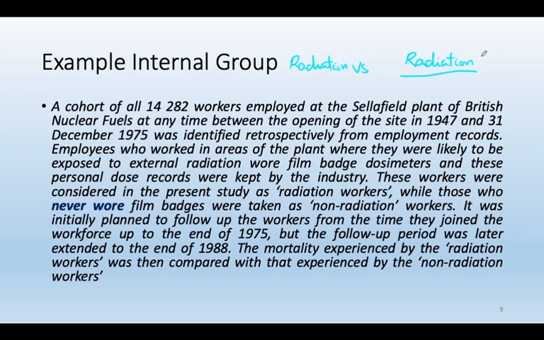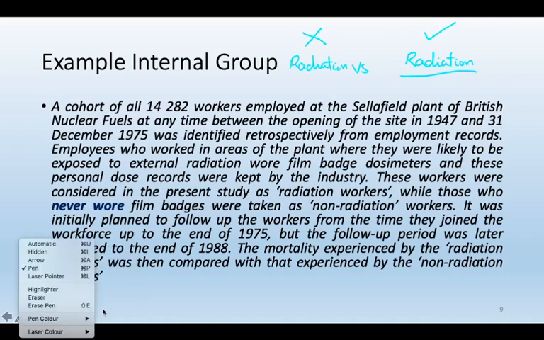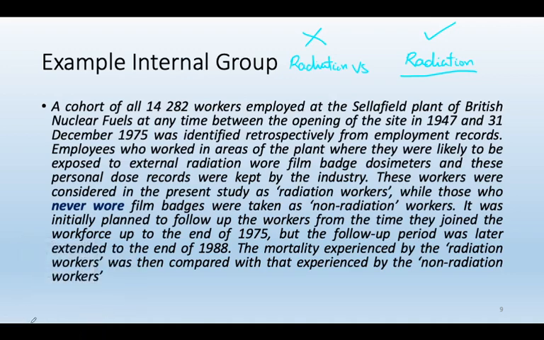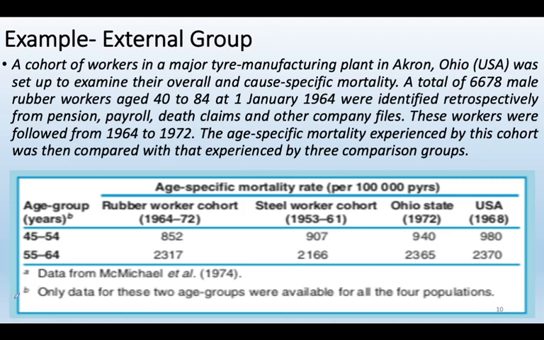It's like you are working in a hospital but you are not exposed to X-ray. So not exposed, exposed individuals. This comparison was assessed, radiation versus no radiation. All right. So this is also an example of internal control.